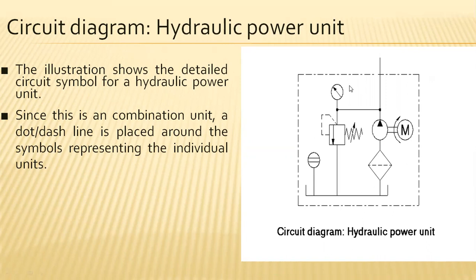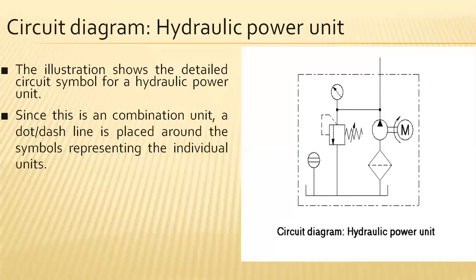Here, the diagram shows the detailed circuit symbolic representation of a hydraulic power unit, and hence this is called the overall hydraulic power unit. It comprises a dash line which is placed around the symbols representing each and every individual unit.